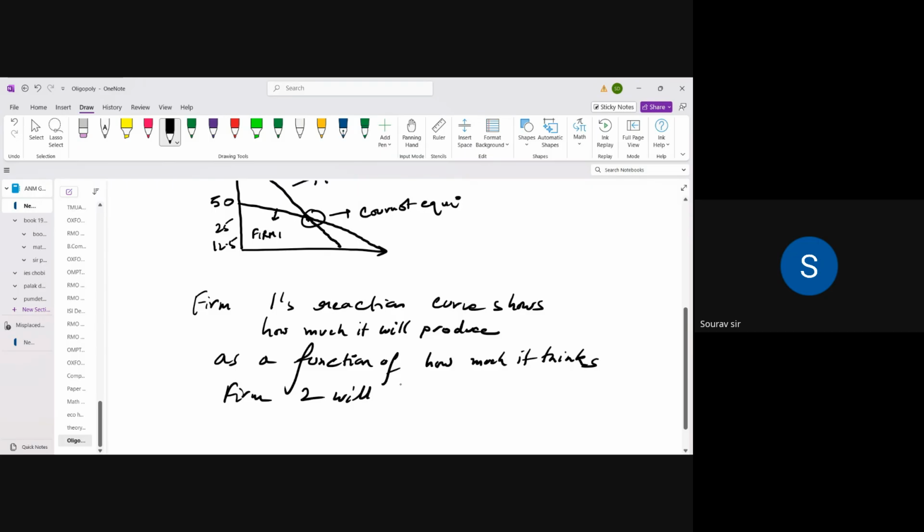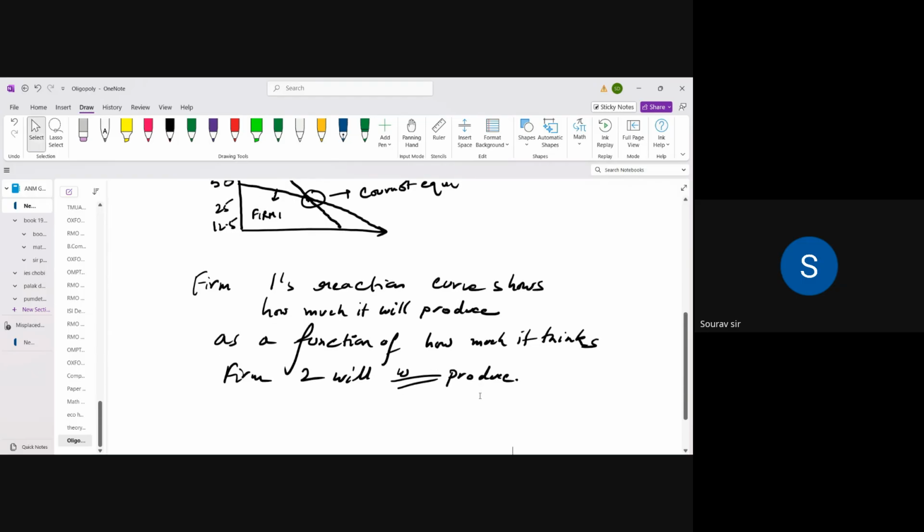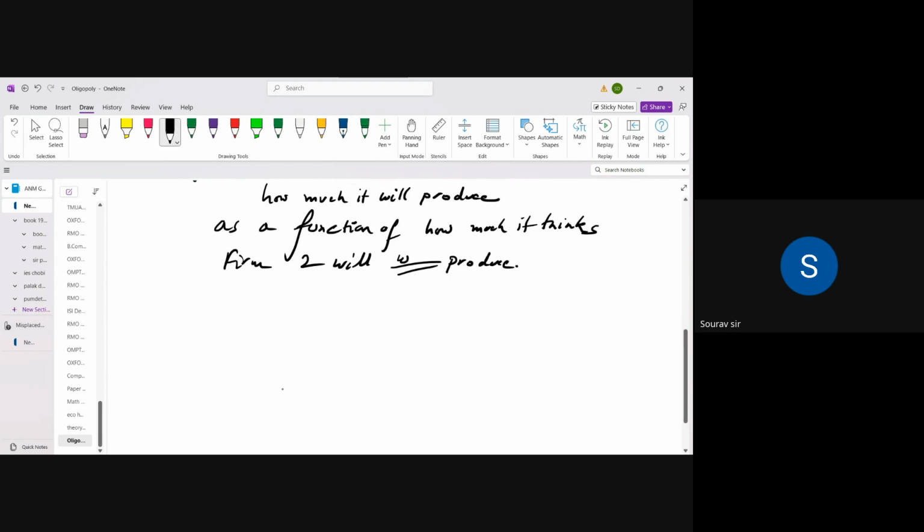So it is not independent, it is interdependent.